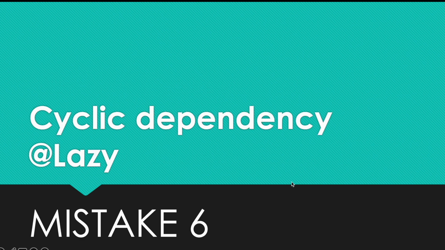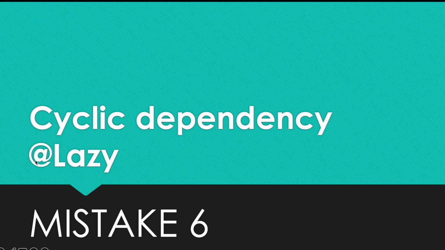All right. Then we have cyclic dependency, which is a situation where two beans are depending on one another. And normally what you want to do is defer the initialization of another bean. And how do you do that? You use @Lazy. But this is not a good coding practice, or let me not say practice.